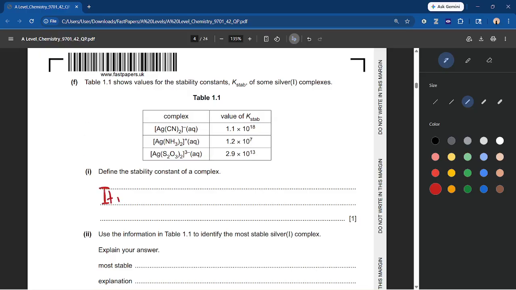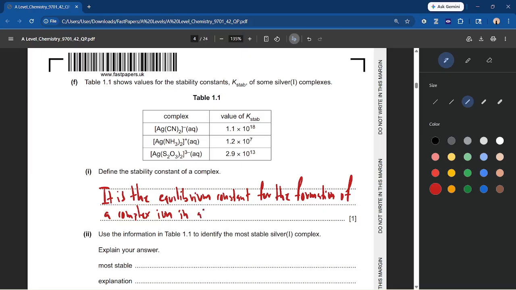It is the equilibrium constant for the formation of a complex ion in a solvent. Very simple, nothing too difficult, nothing too complicated.